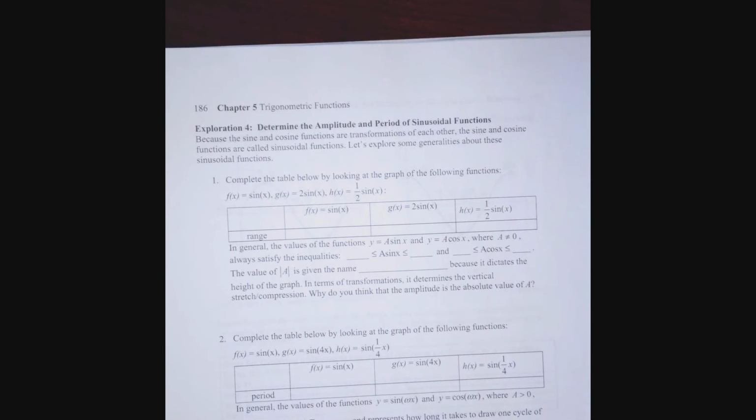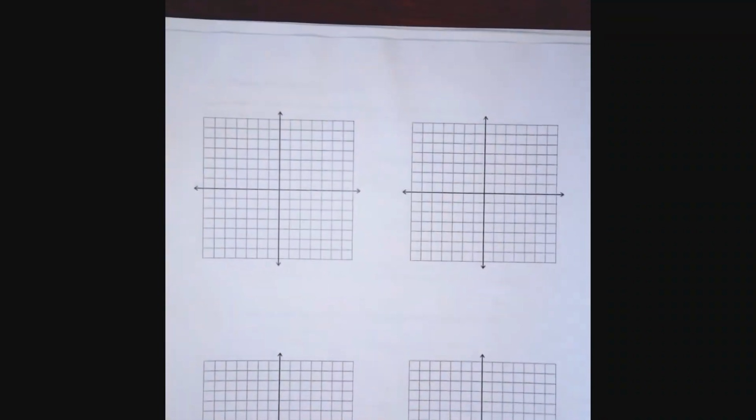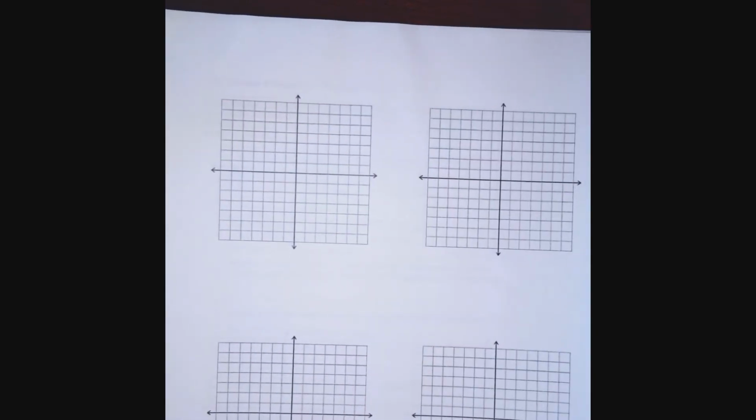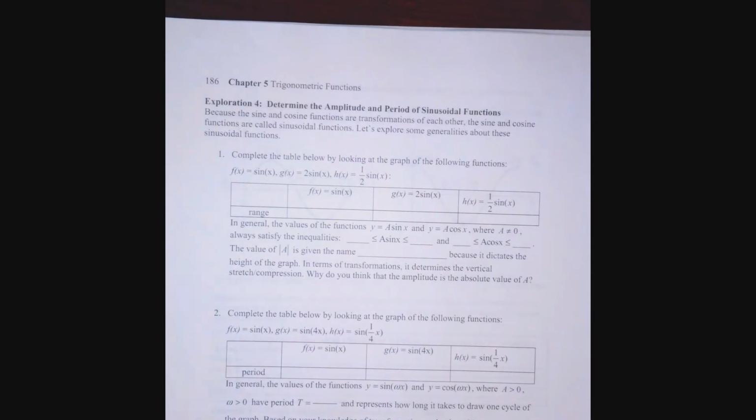I grabbed a sheet of paper and now I can't find it. Sorry guys, I'm looking for, here's my graph paper. Okay, you should have printed off a sheet of graph paper. If you didn't, you can just use another sheet of paper, but it's really kind of important to have these exact graphs available to you to compare.